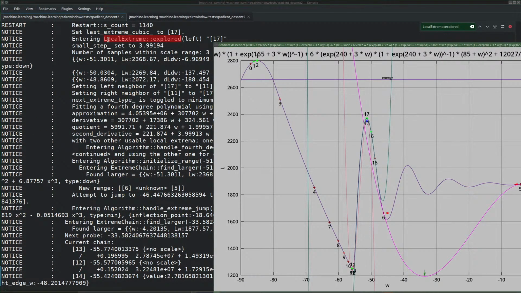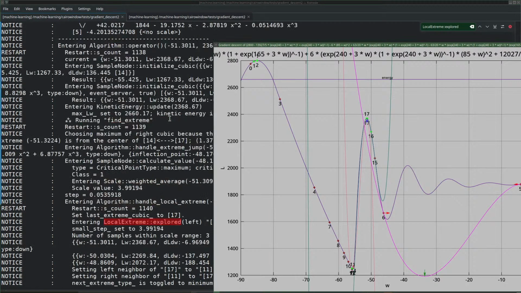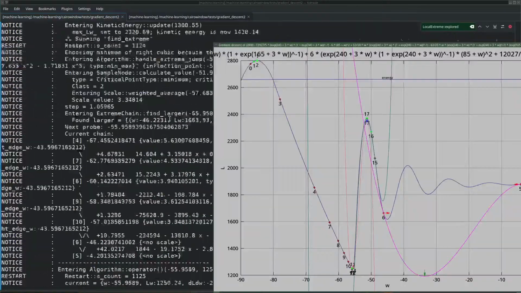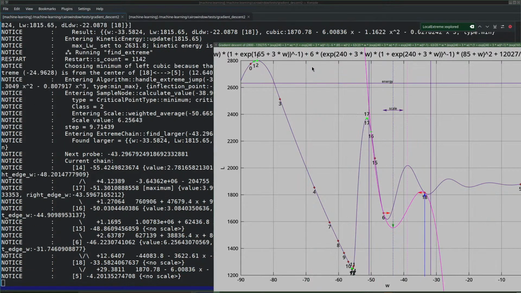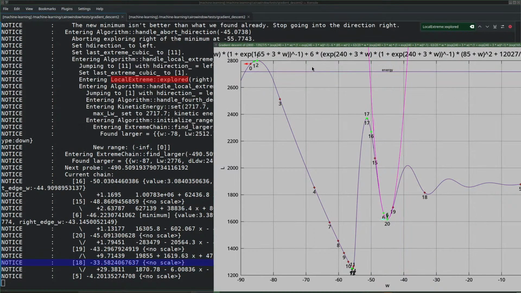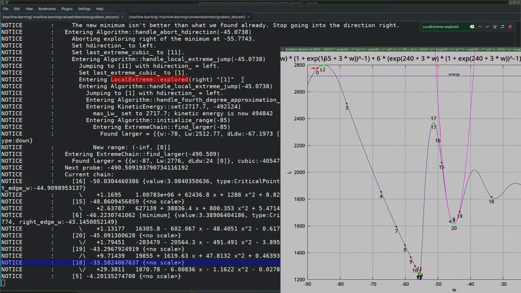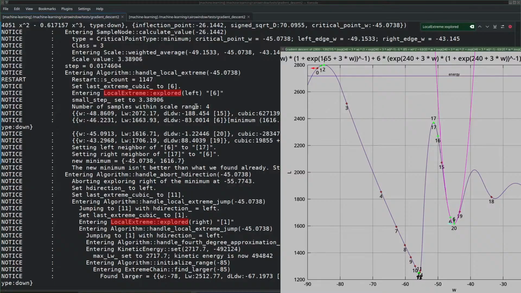Okay, entering explored left 17. So 17 has been explored to the left. We will not do that again. It's the only thing that ever happened so far. And now here we have explored.